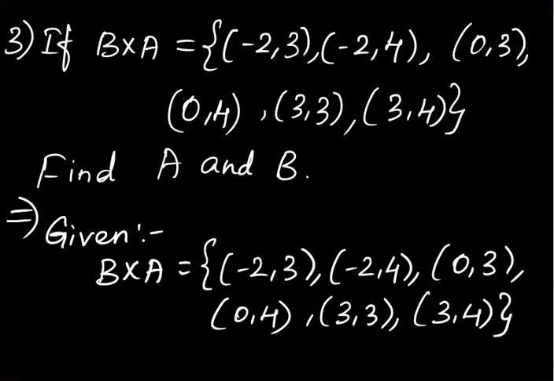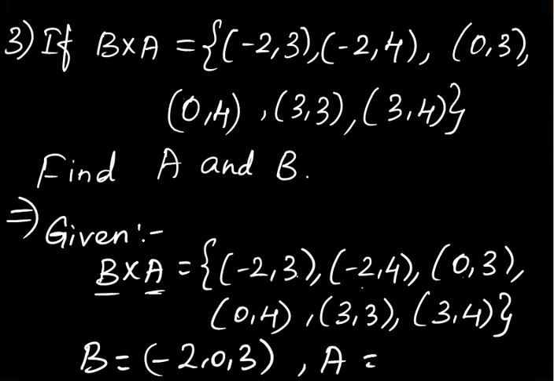Always in the ordered pair, the first element belongs to the set of B and the second element in the ordered pair belongs to the set of A. So what will be the set of B? Minus 2, 0 and 3. And A value will be 3 and 4.